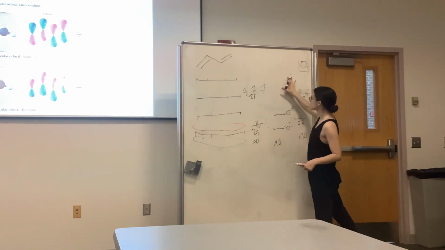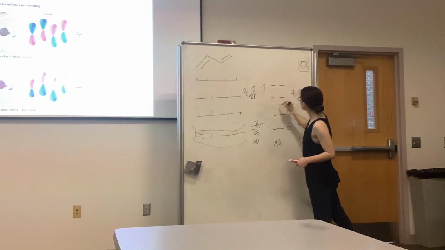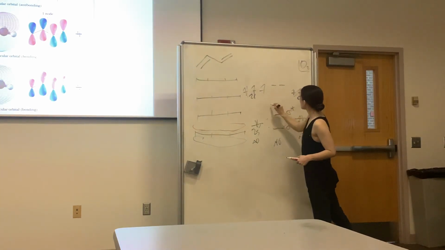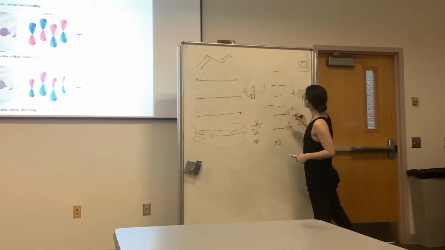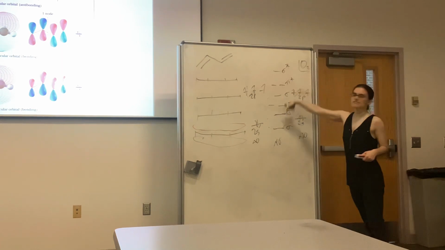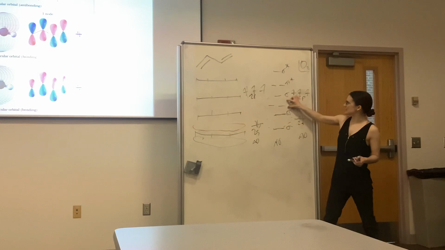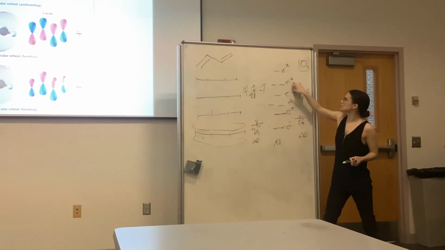So these guys do the same thing, but oxygen might be the one where it's like this. Whichever shape that's supposed to make. These are pi and pi star.